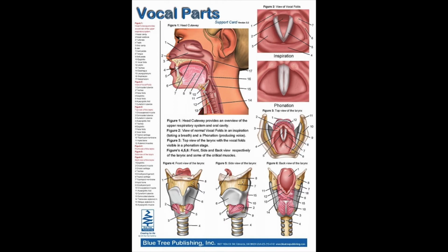Back to this side view here, we have the epiglottis, which is this leaf-shaped cartilage that is important for our swallow. Down here you can see the epiglottis sticking out from above. Then, going into the oral cavity, I like to point out this nice big base of tongue muscle right in here.